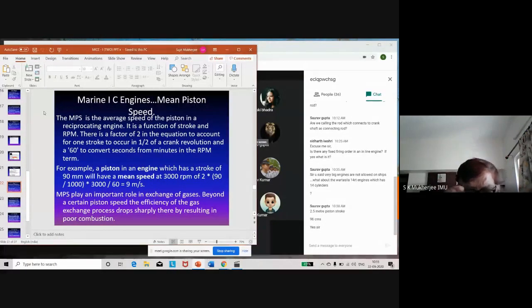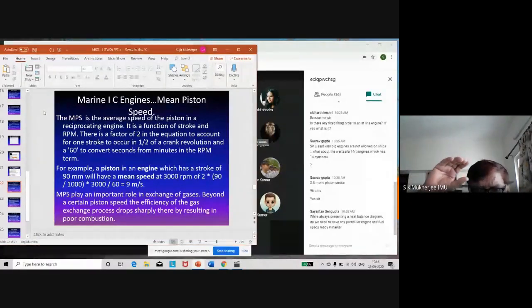All right. The piston inside an engine has to accelerate from bottom dead center, reach its maximum speed at mid-stroke, and then decelerate to stop at the TDC. Again from TDC, it has to accelerate, come up to maximum speed at mid-stroke, and decelerate when it comes to the BDC.